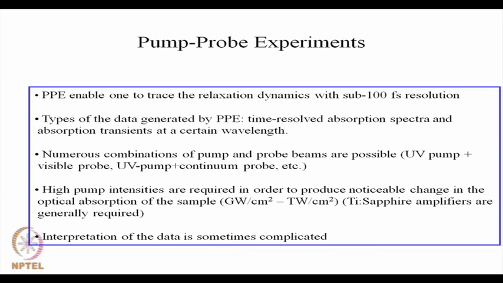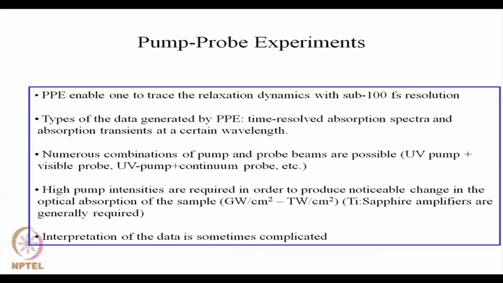The beauty of this method is that since you are using a short pulse, its frequency resolution is not that much. So it is more dispersed. So bandwidth is more, because it is short in time, but its bandwidth is more. So it enables one to measure at different wavelengths as well.